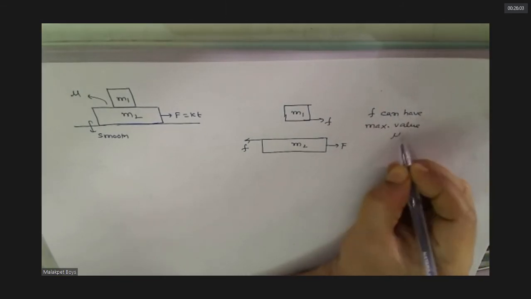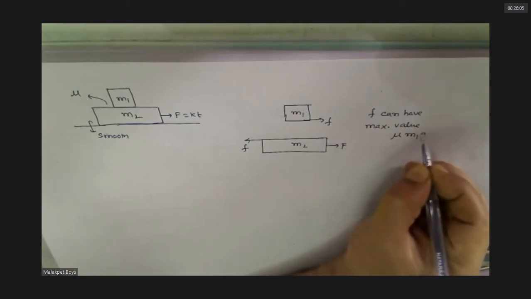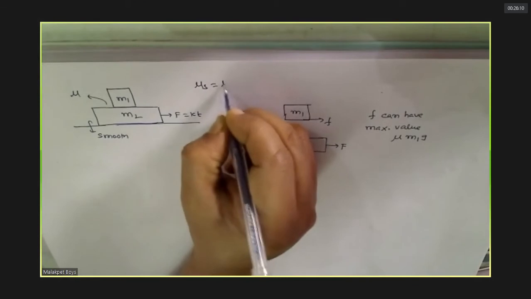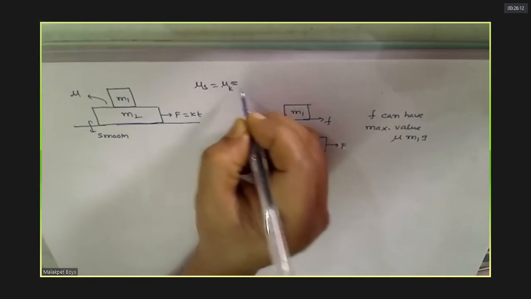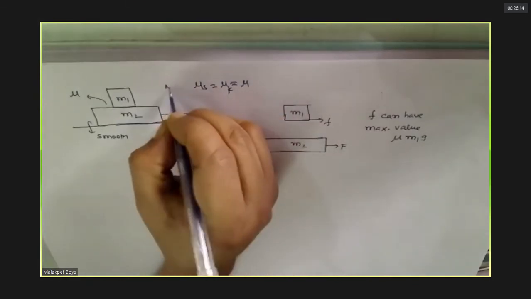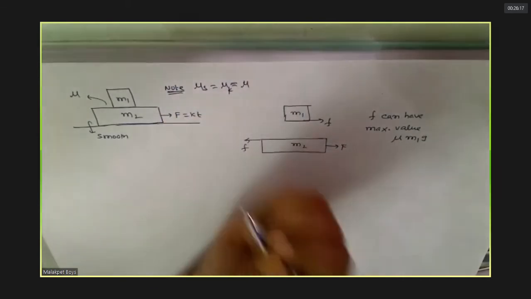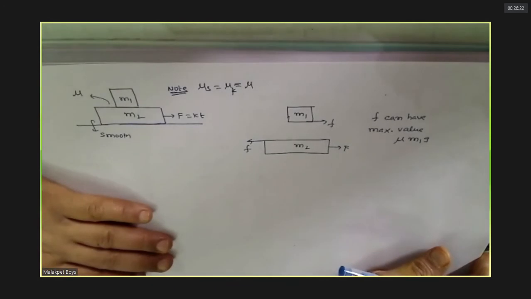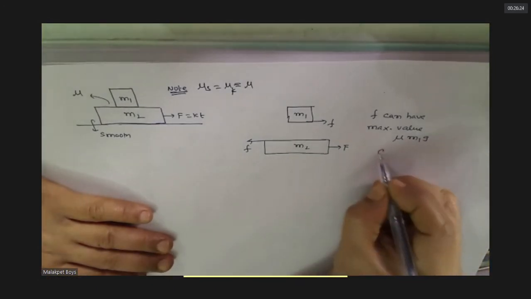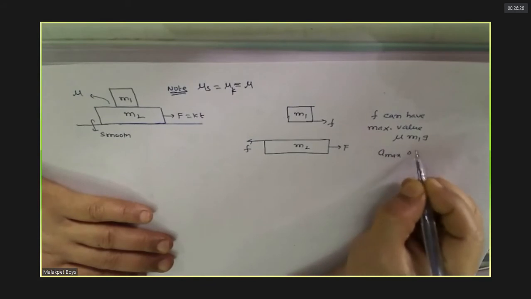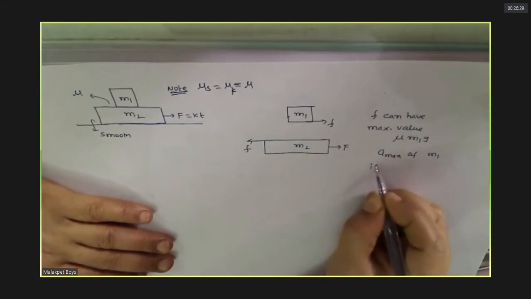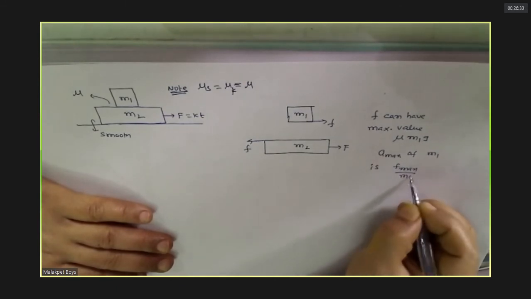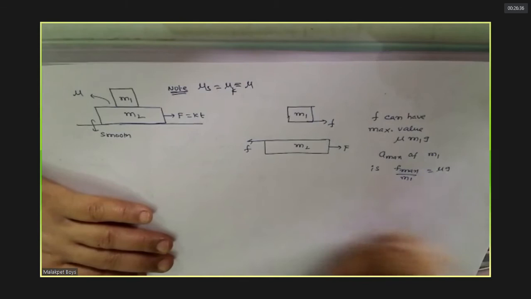It is mu N. Okay, here mu means that for all, no? Yes, sir. Nothing is mentioned, it means it is the same. Remember, in any problem, if they are not specifically mentioned, you can take them as the same. Okay, that means what is the maximum acceleration of block A? Mu g only, no?